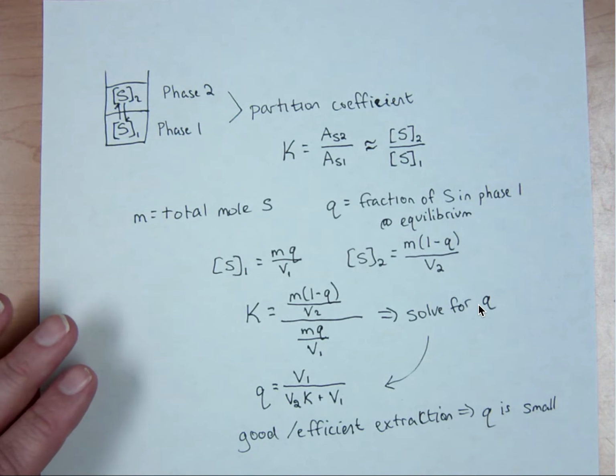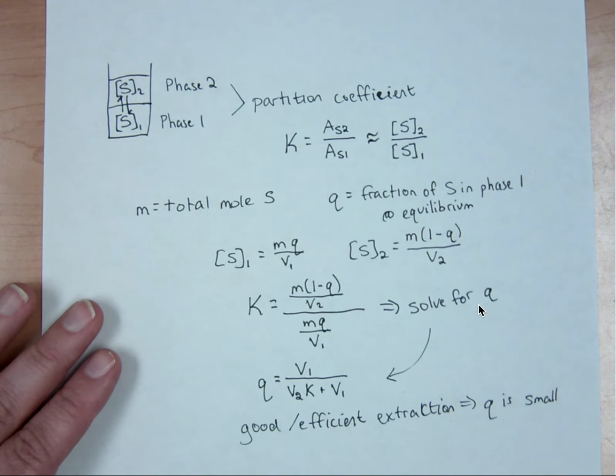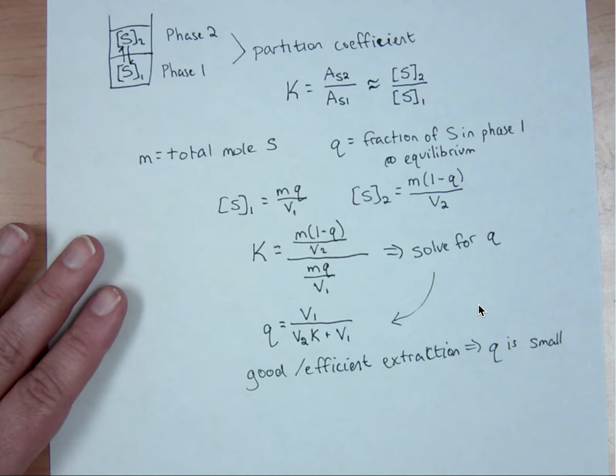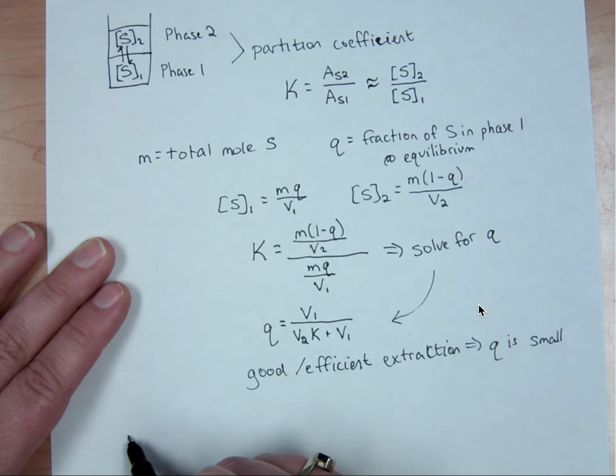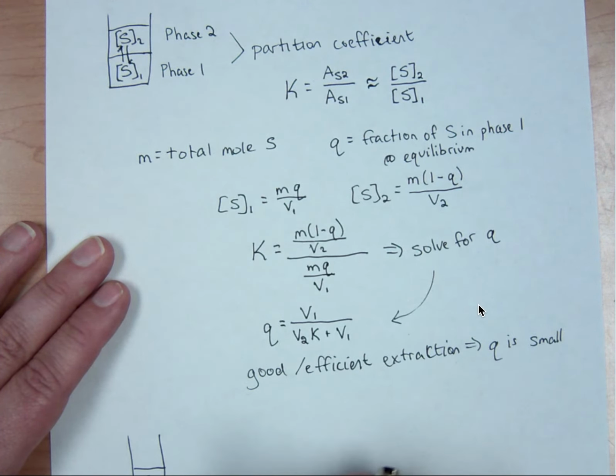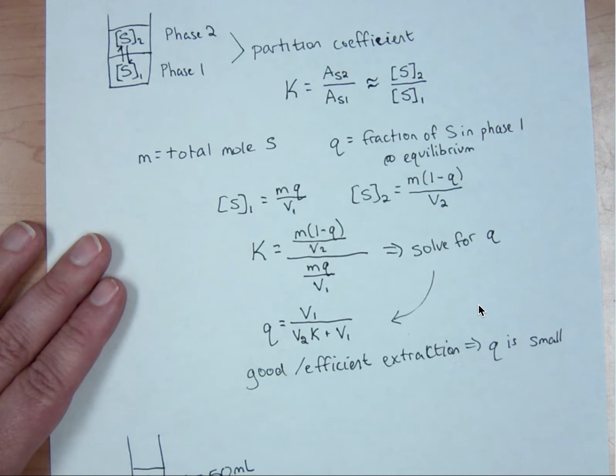The question says, suppose we have 50 milliliters of an aqueous solution of S. So I have my solution of S with a volume equal to 50 milliliters, and I have 50 milliliters of methylene chloride. This is an aqueous solution, which means it's in water.